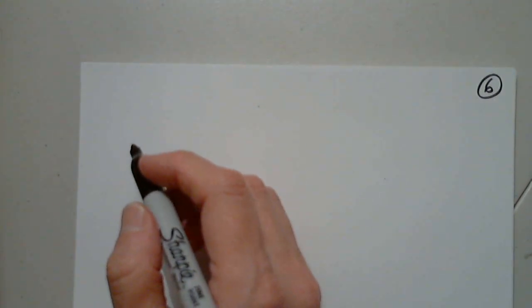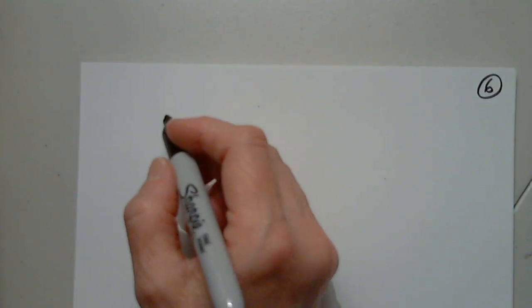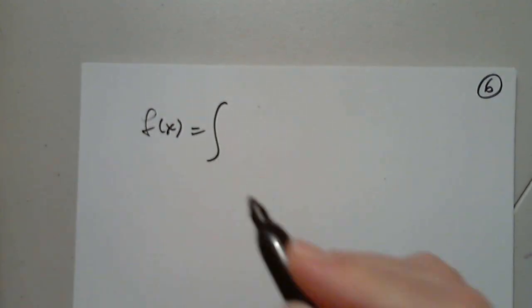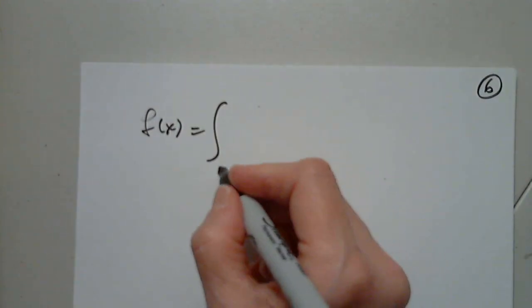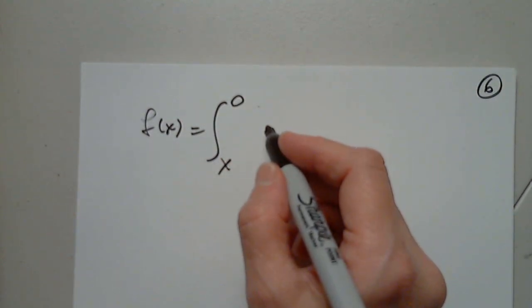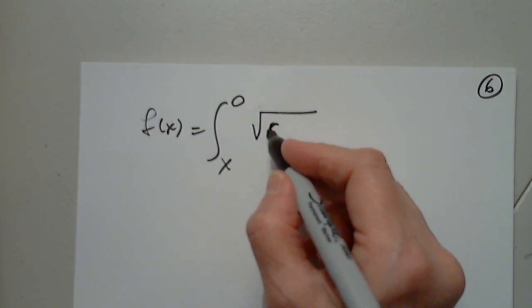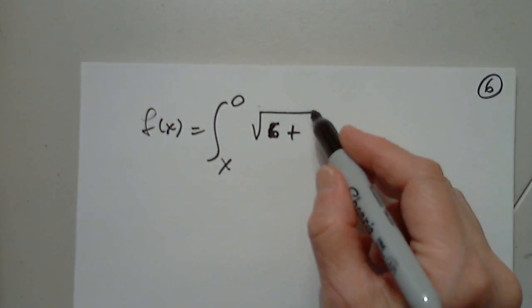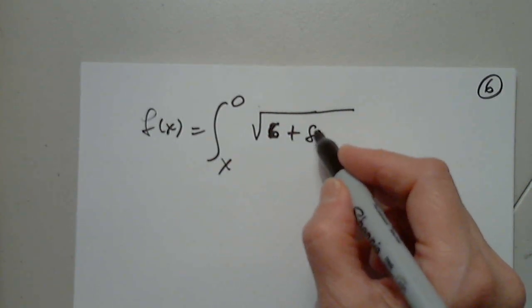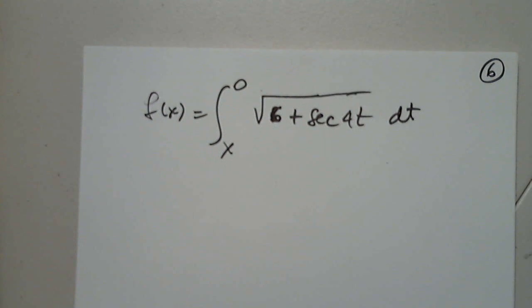Use part 1 to find the derivative. f of x equals the integral from x to 0 of the square root of 6 plus secant 4t dt.